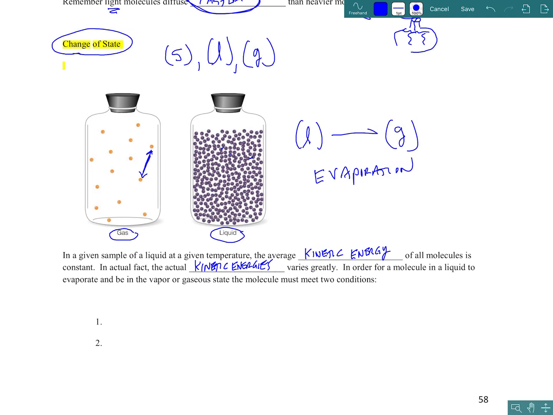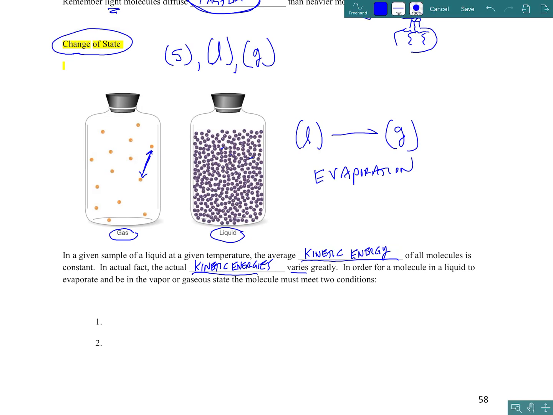Now that might sound like a contradiction. Let's read that again. Because when you first read it, you say, Hammer, you just contradicted yourself. You said the average kinetic energy of all molecules is constant, but in actual fact, the actual kinetic energy varies greatly.